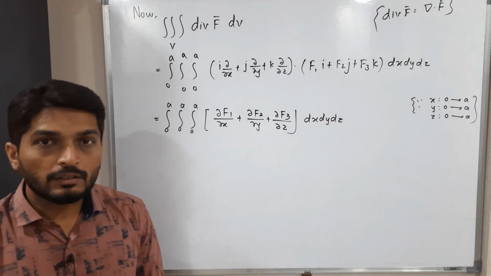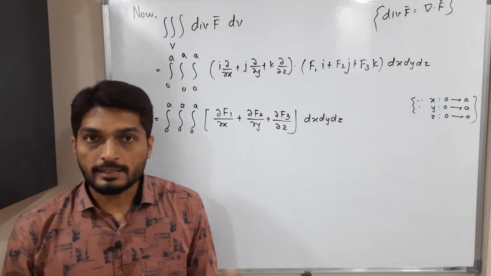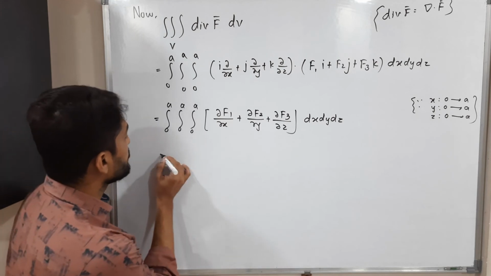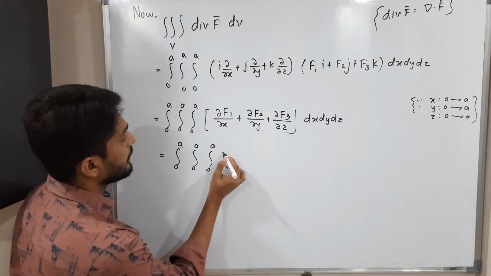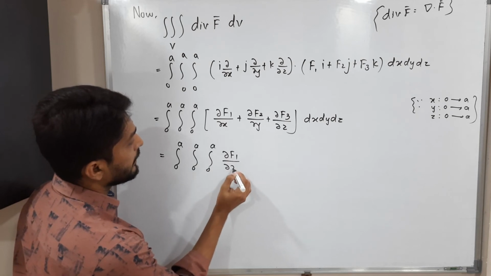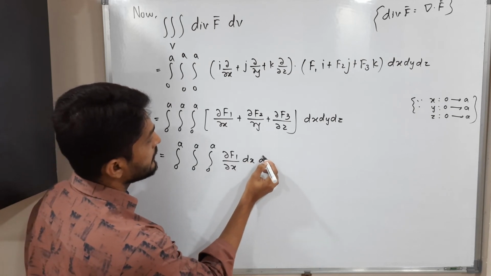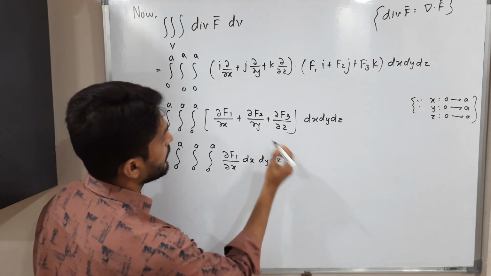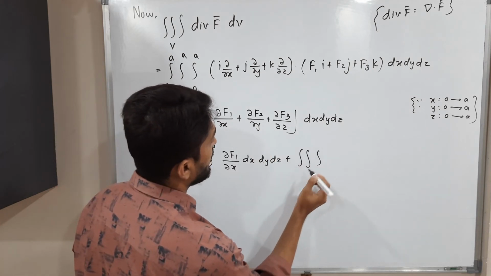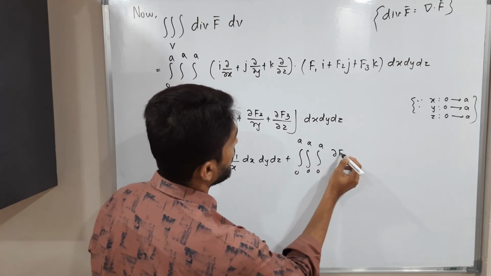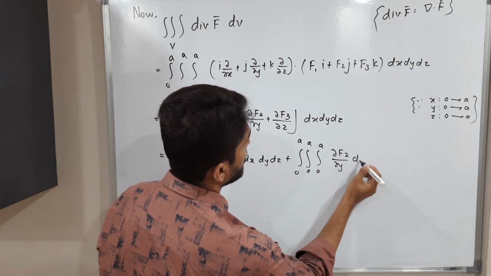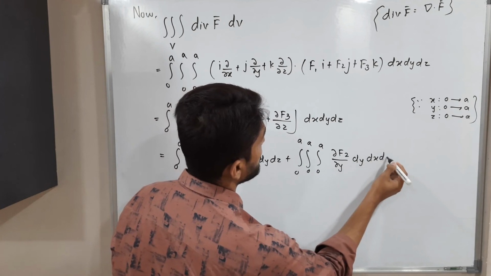As you know, since addition is there, we can take separate integrals. So I will do 0 to a, 0 to a, 0 to a, ∂f1/∂x dx dy dz. Then for ∂f2/∂y, I should write 0 to a, 0 to a, 0 to a, ∂f2/∂y dy dx dz.